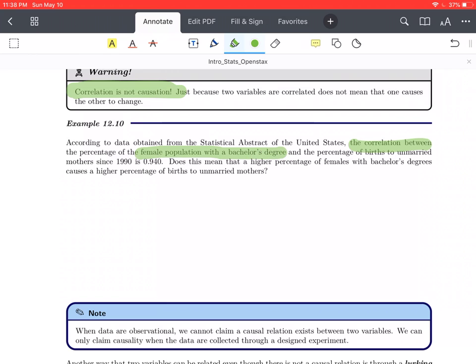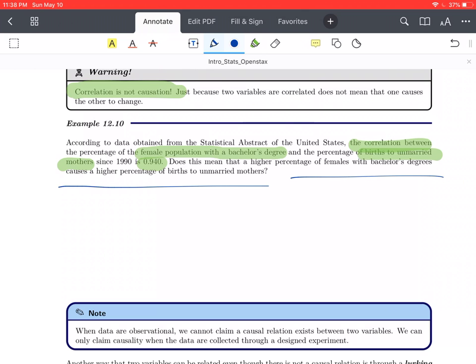That's a pretty strong correlation, 0.94. If we were to square that, it would be a very, very strong correlation. But does that mean the higher percentage of females with bachelor's degrees causes the higher percentage of births to unmarried mothers? Not necessarily.